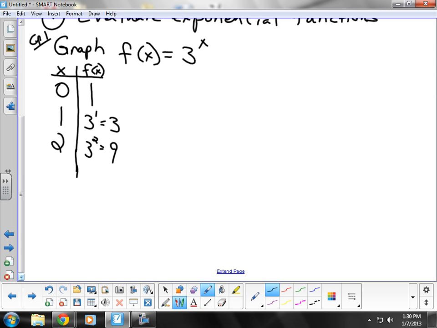But we also need to check for the rest of our domain, because we can also have negative numbers, right? So if I have -1 for my exponent, that's 3 to the -1. Does anybody from last year remember what a negative exponent means, or how we work with that?